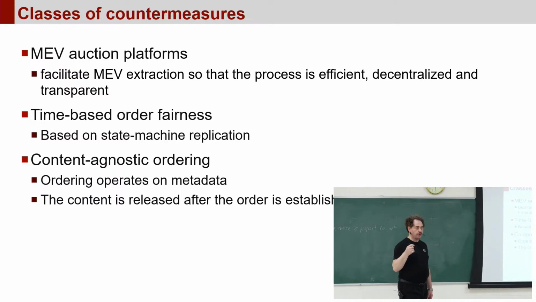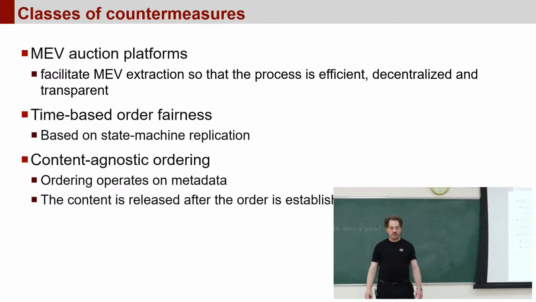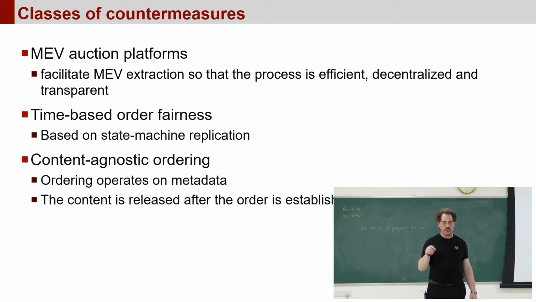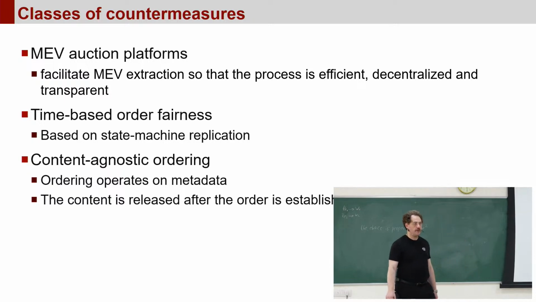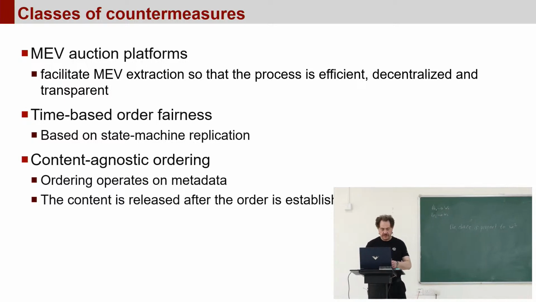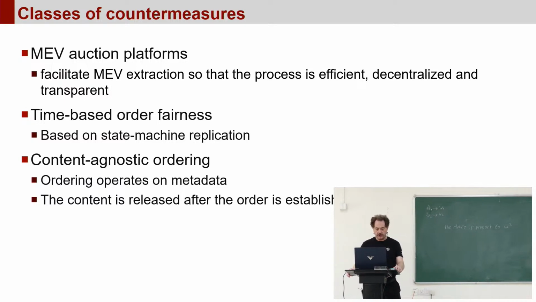And once the ordering has been established and publicized, at this point the content of the transactions would be disclosed to the entire world, only after the order has been established. That's the idea behind content agnostic ordering.